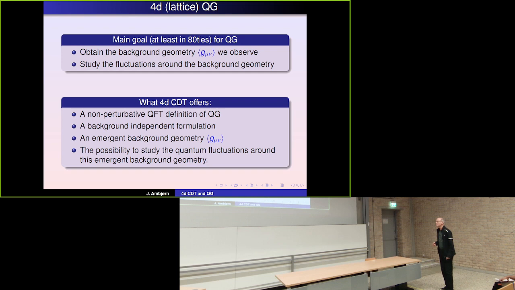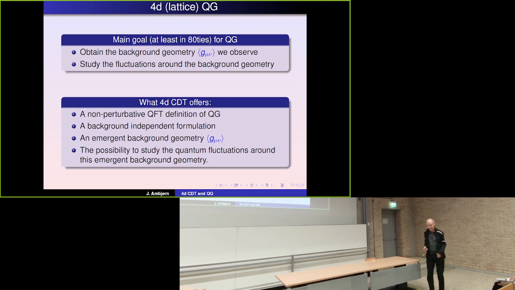Well, the main goal for quantum gravity, at least in my formative years in the 70s and 80s, was to obtain a background geometry, preferably the one we observe, and to be able to study the fluctuations around this background geometry. And what the four-dimensional CDT offers to us is a non-perturbative quantum field theory definition of quantum gravity, or I should say some kind of quantum geometry.